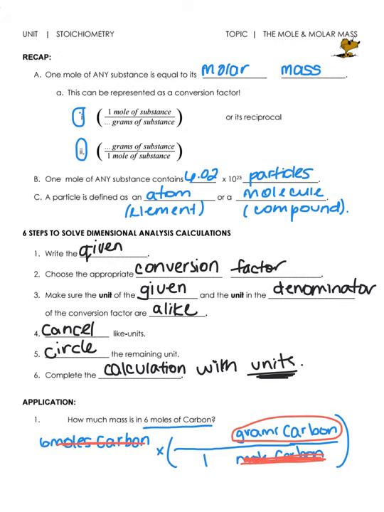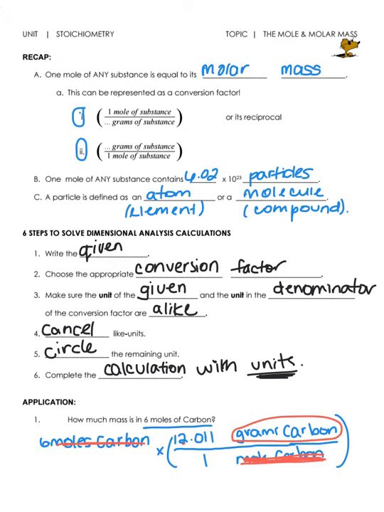So let's pause for a moment and back up. What goes here, the number that goes in this little blank, the grams of carbon, is going to be its molar mass, and the molar mass I find from the periodic table. So I'll get my periodic table and I'll look for carbon, atomic number 6, and it has a mass of 12.011.